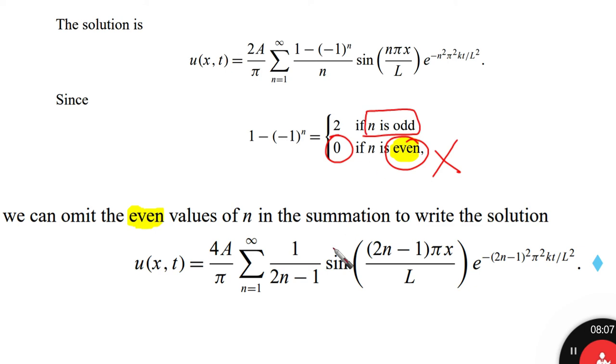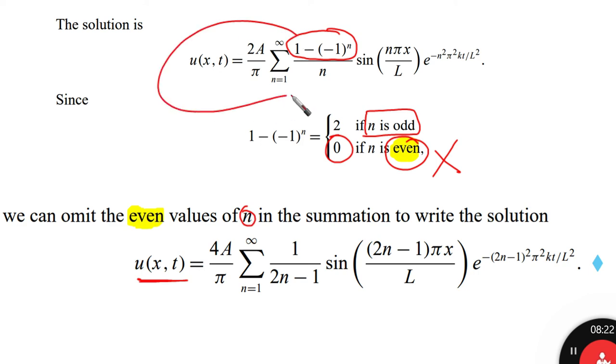So how can we do this? We can omit the even values of n in the summation to write the solution as this. In our equation, this is going to be omitted and we are going to use 2 because we are going to have only the odd values.